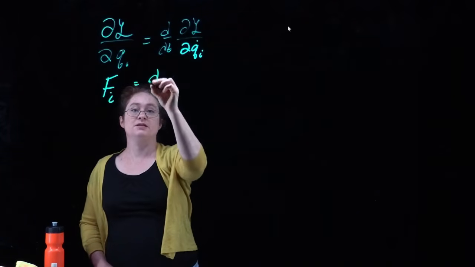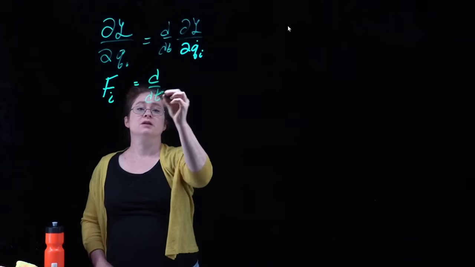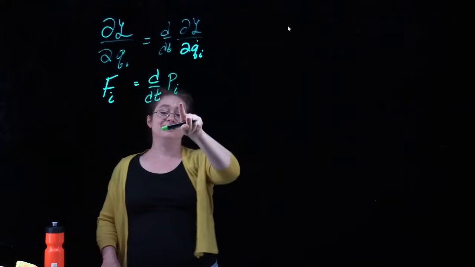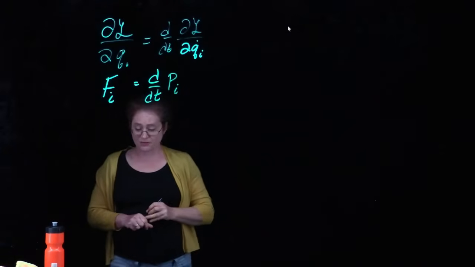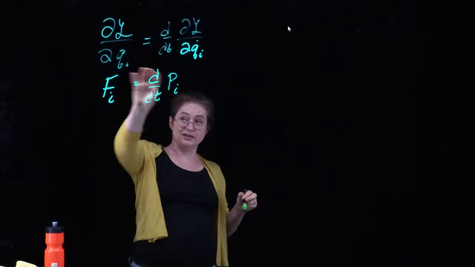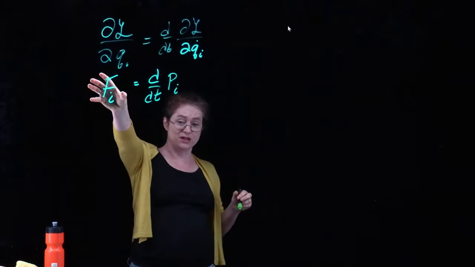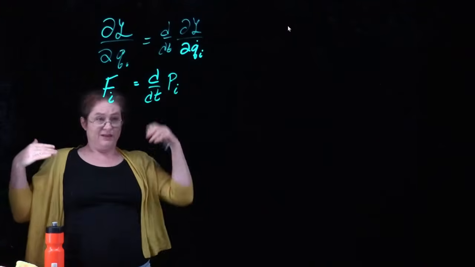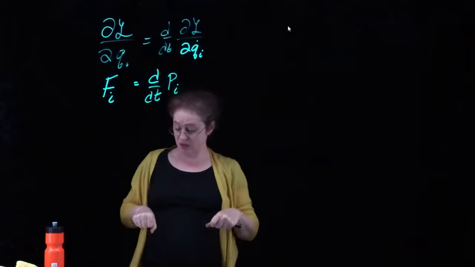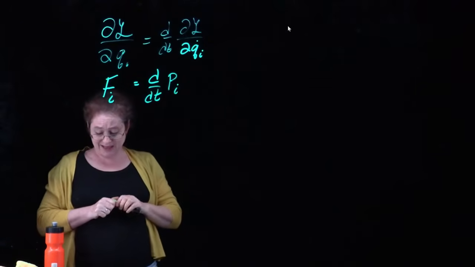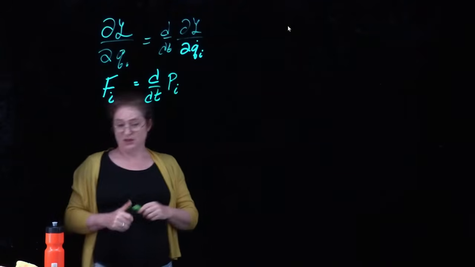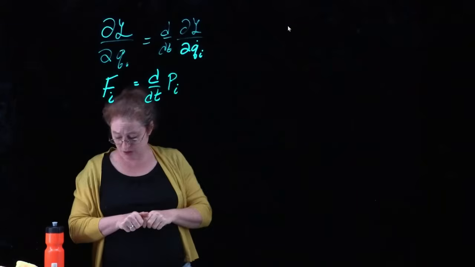And then this says that the generalized force for a given coordinate is the time derivative of the generalized momentum of that coordinate. So if the generalized force is equal to 0, then the Qi in that particular case is constant. So you say that the Qi is ignorable or cyclic. Those are two terms that are used.